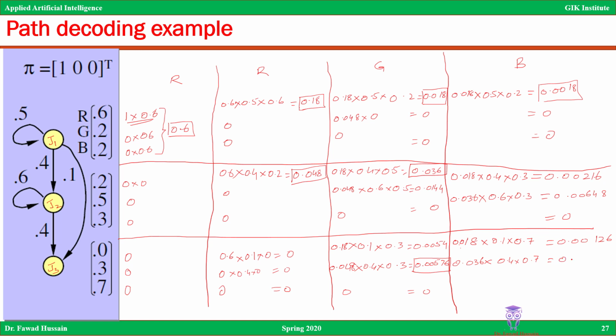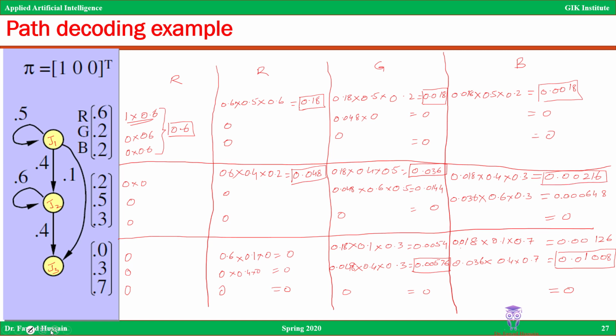This is 0.01008, and from the third one, since there is no self loop here, this is simply 0. So among these two, this value is higher. I think there's an extra 0 here I'm missing. So I have this value as the max.